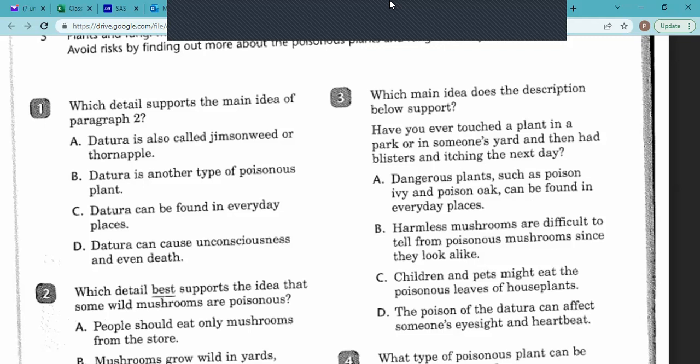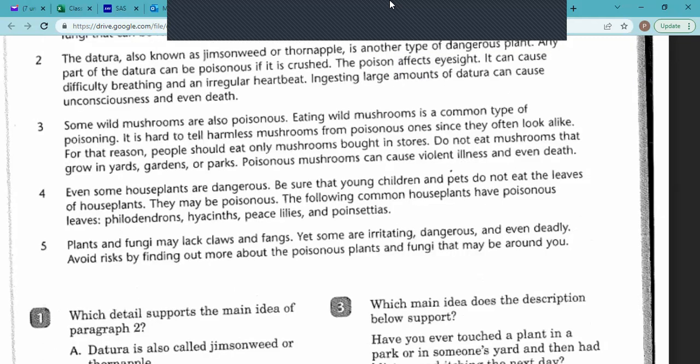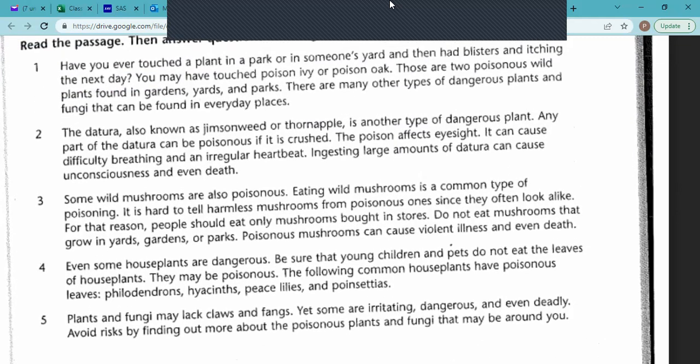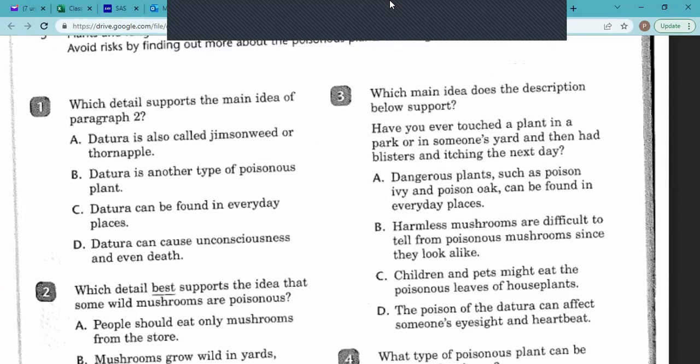So we're looking for a detail that's supporting the main idea of paragraph 2. I'm going to take you up here so you can reread paragraph 2. And I want you to pause your screen right now to reread it. Okay, so now let's go to number one.